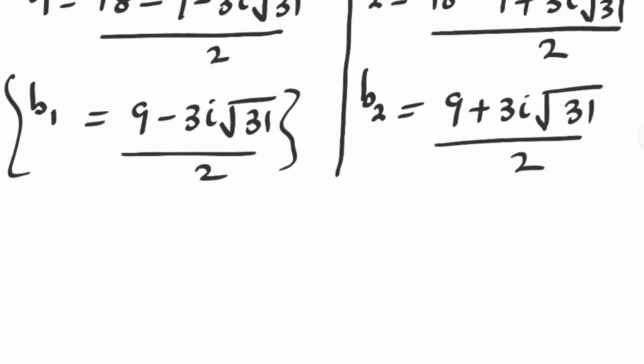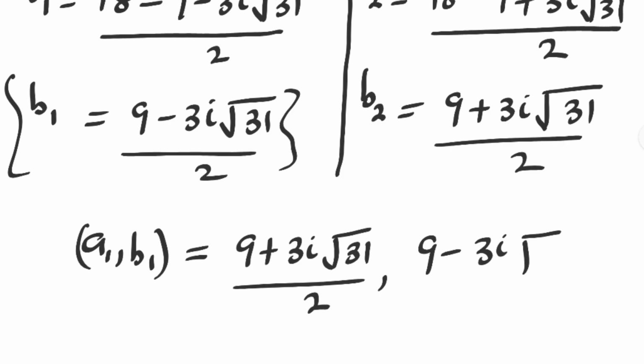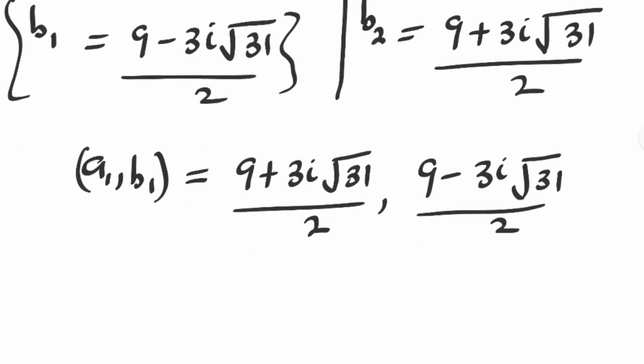Therefore, our final answers are a1, b1 is equal to 9 plus 3i square root of 31 over 2, 9 minus 3i square root of 31 over 2.